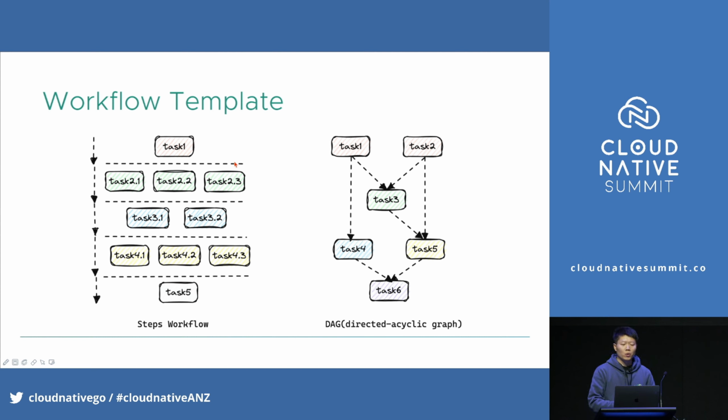Argo Workflows is responsible for analyzing the dependencies between different tasks and running them based on our requirements. Which means in the DAG workflow, there could be multiple entry points, and there could be multiple end tasks. So as you can see here, I think the DAG workflow is more suitable for complex workflows, right? You only need to focus on the dependencies between the tasks.